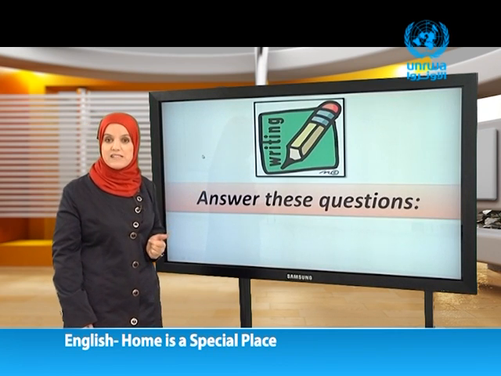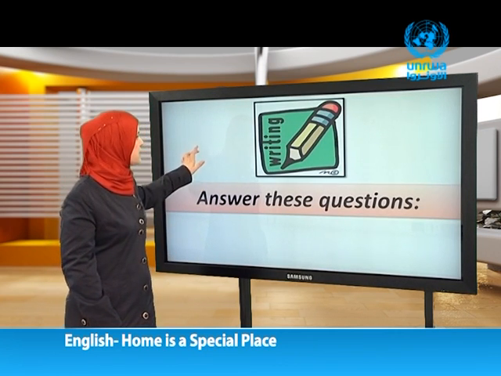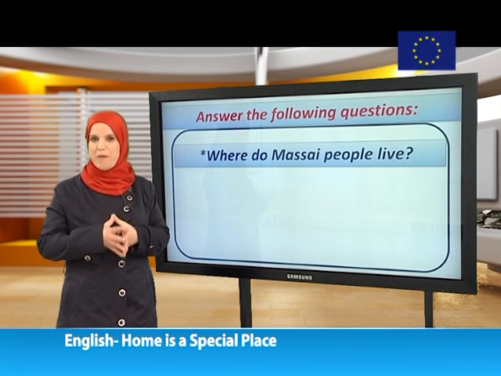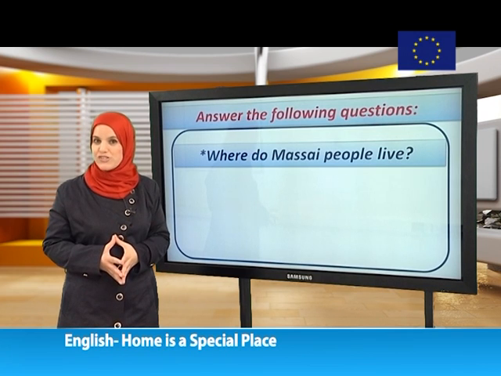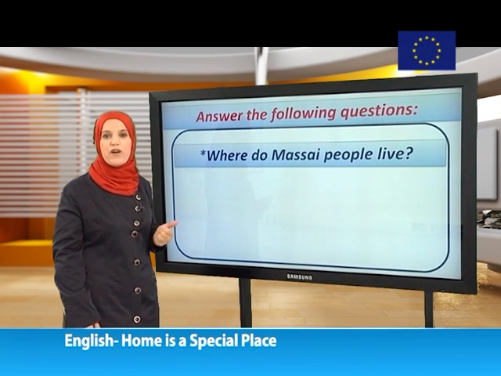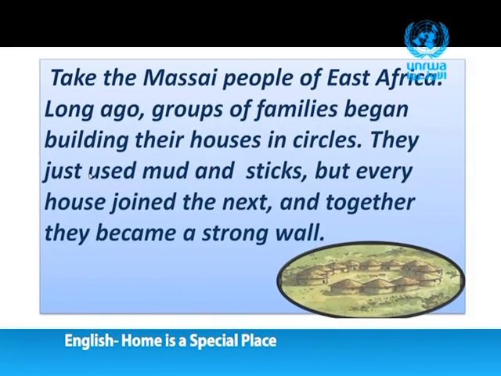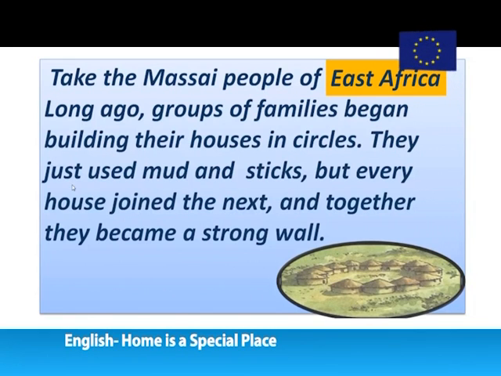Now, let's answer some detailed questions. Let's see number 1. Where do Maasai people live? Remember, this is a WH question that begins with where. Where asks about place. So, let's scan the paragraph and find the answer. Look, take the Maasai people of East Africa.